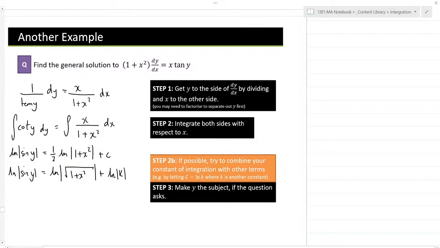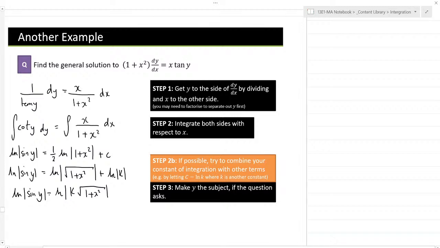But what is the reason I wrote it like that? Because now I can combine all these, can't I? Now I can say that ln of sine y is equal to ln of k times root 1 plus x squared, all modded. Everybody right with that?